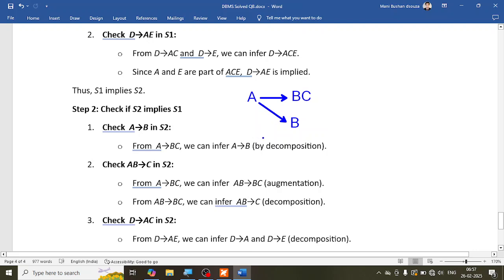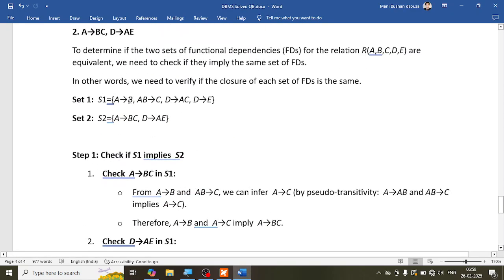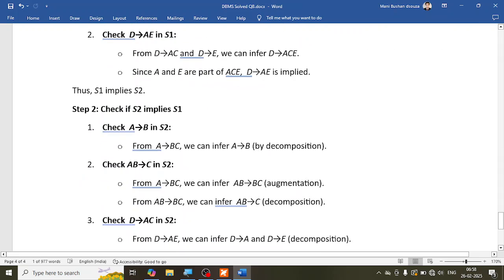You can decompose it and say that A derives C. So in other words, I have directly proved that because A can derive a combination of these two, you can directly say that A can derive B as well as A can derive C. And what is required for us is that B is derived by A, or A can derive B. That is what has to be proved here. So directly I have proved that A can derive B.